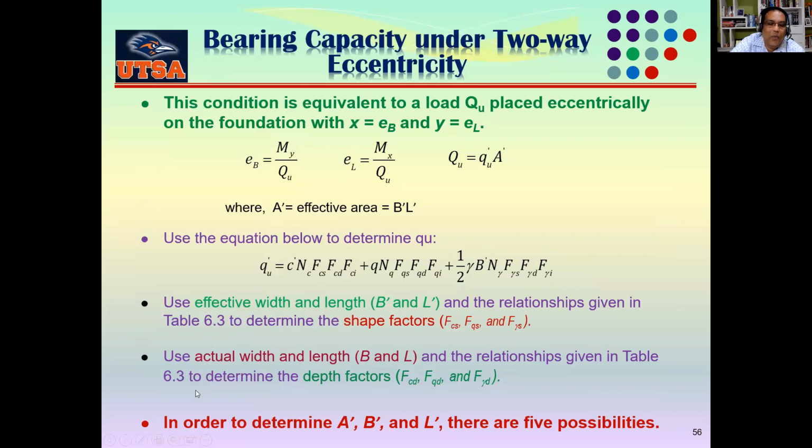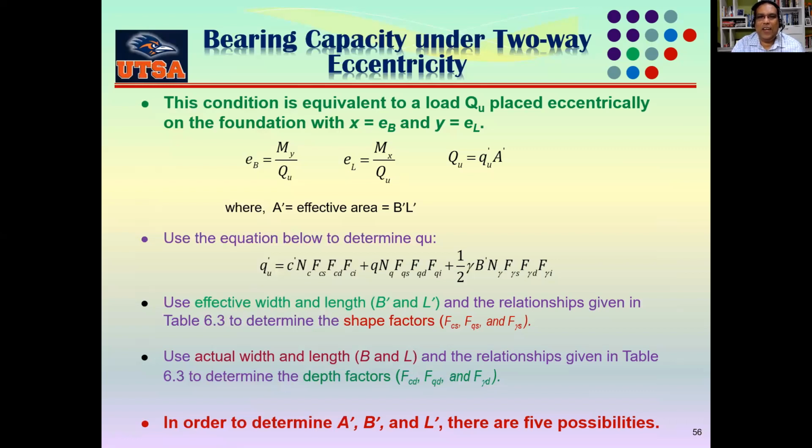Okay. Now, to find out the A prime, B prime, and L prime, okay, there are 5 possibilities or 5 different cases we usually consider. Okay. Now we'll just see each of the cases separately. And when we do the problem, basically we have to first see which case our problem is.